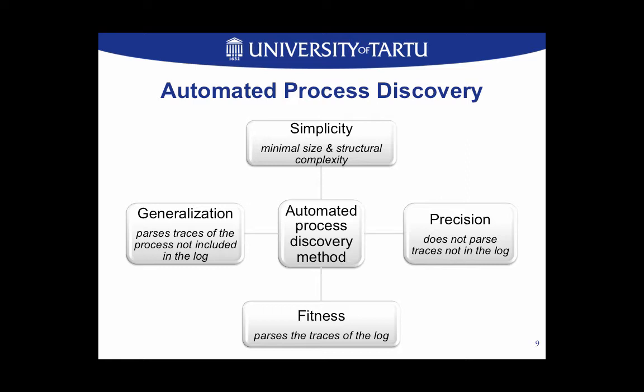So it generalizes well, 100% generalization. The fact that it does that means that it parses traces that were not in the log given as input, which means you lose in precision. So it's a bit of a balance between these two dimensions. But since we can define metrics for how good a model is with respect to a log, we can use all sorts of optimization procedures to tackle this problem.